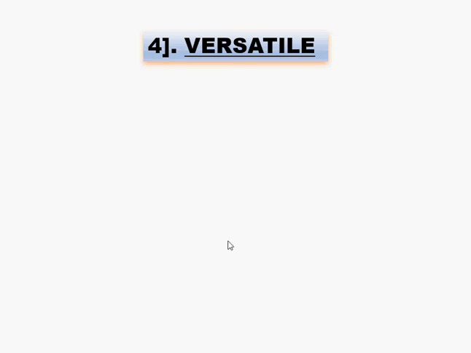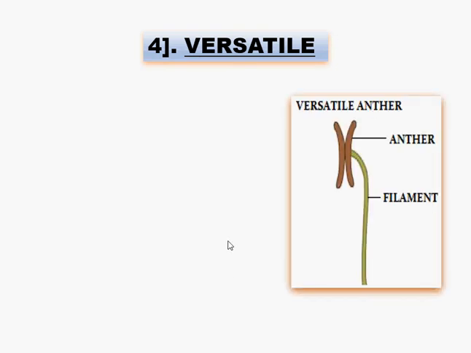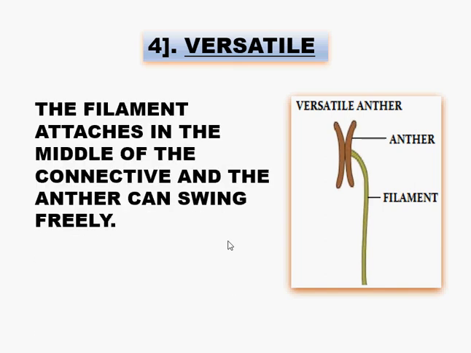Versatile. The filament attaches in the middle of the connective, and the anther can swing freely on the tip of this filament. So here the filament attaches to the middle of the connective. Once remember the adnate anther. In that, the filament continues through the anther and continues with the connective.